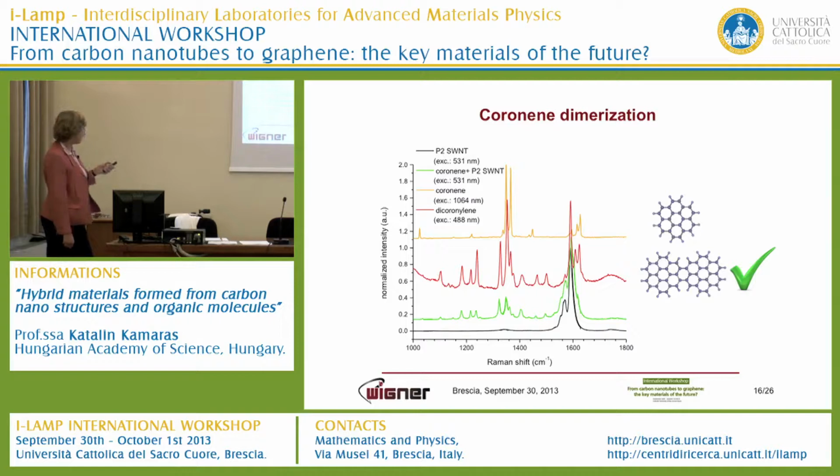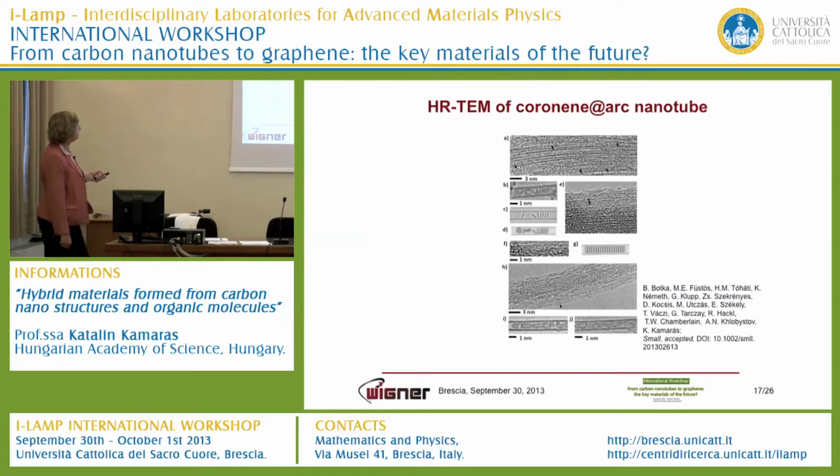That's very easy. What you have here in your hybrid sample is obviously a dicoronylene molecule. Then, of course, we sent some of the samples to Nottingham for TEM, and what we could see is that in some samples you get this column-like arrangement, but in others you get something like the polymerized type.